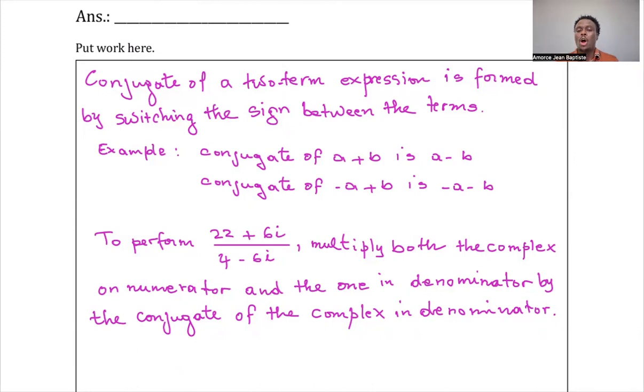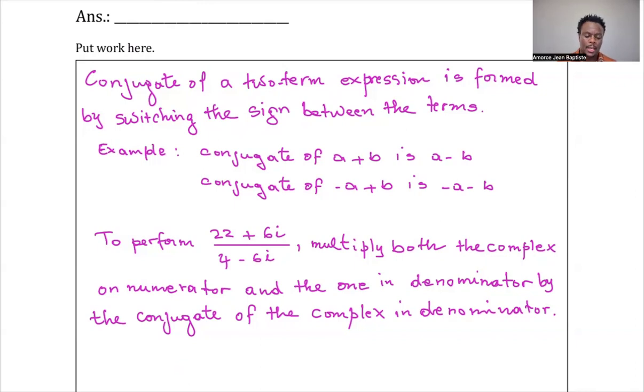So why are we talking about conjugate when it comes to dividing two complex numbers? Whenever you're dividing two complex numbers, you multiply both top and bottom by the conjugate. That's how you perform the division: multiplying the numerator and the denominator by the conjugate of the denominator.